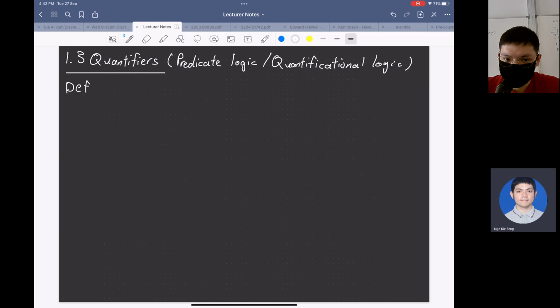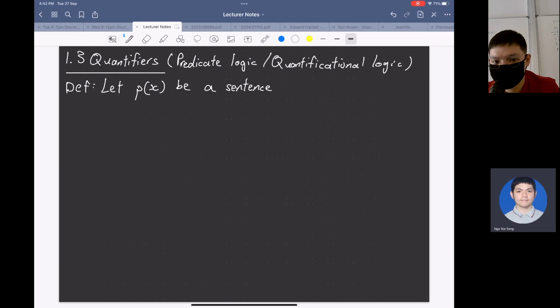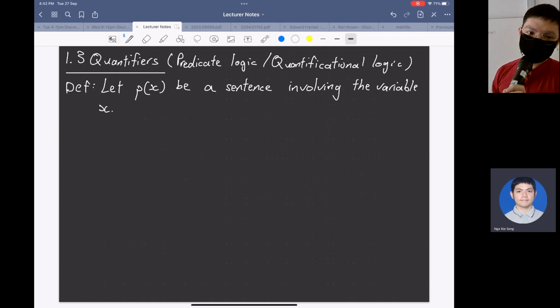So typically we have a sentence with a variable x. I think last time we already encountered this kind of sentence in the tutorial, right? We can't decide whether it's correct or wrong, because we haven't given it a domain.